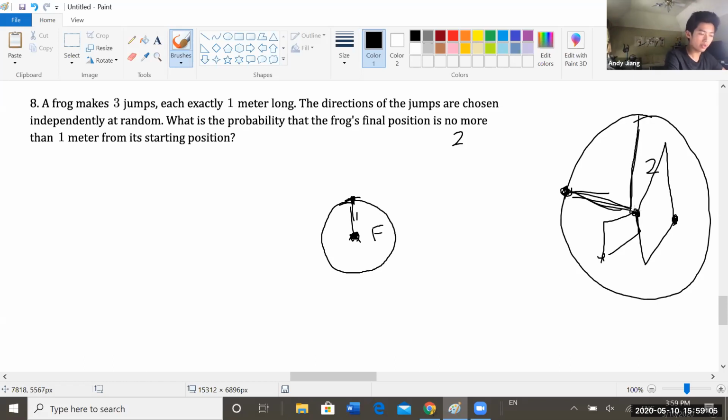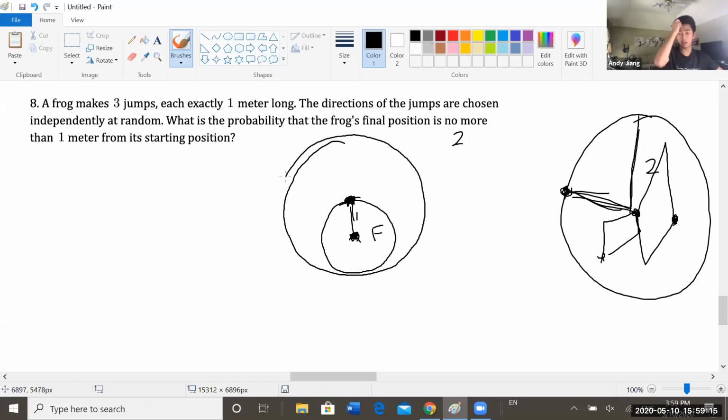With these last 2 jumps, let's say that the frog is here. The frog can end up anywhere within a 2 meter radius with equal probability. This 2 meter radius circle is essentially the area I'm choosing from.